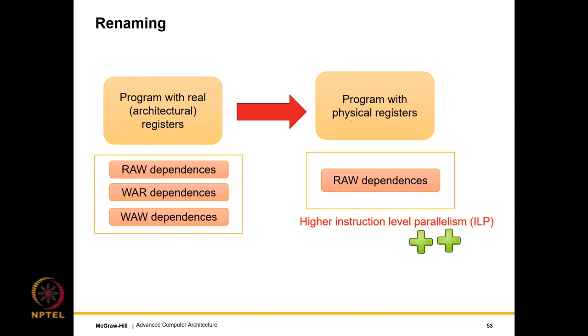So what does renaming actually do? It takes a program with real, architectural registers, that has three kinds of dependencies: read after write, write after read, and write after write dependencies. The process of renaming is automatically done inside the processor, and nobody can see what's happening, neither the programmer nor the compiler.